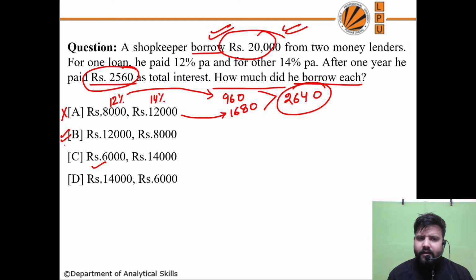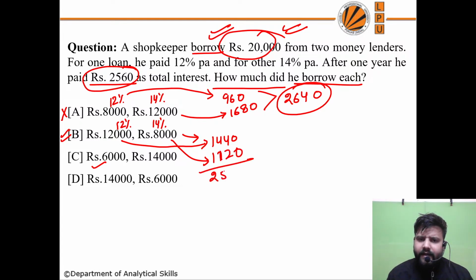Now let's come to the second one. For the second one, we will charge 12% over it and 14% over it. If you calculate 12% over it, it will give you 1440. And 14% of it is 1120. So if you add it, it will give you 2560, which is given in the question also.